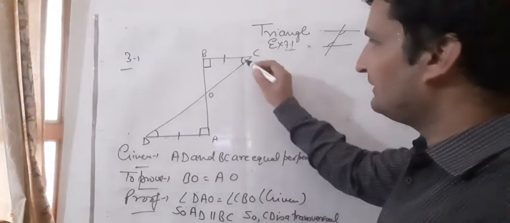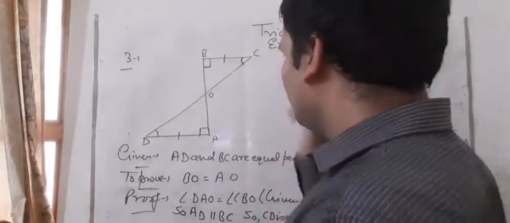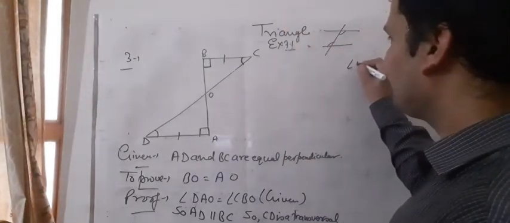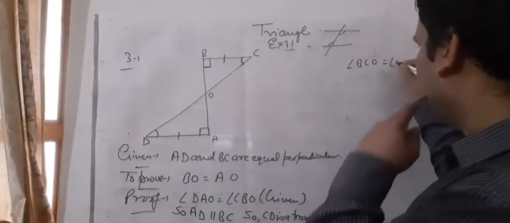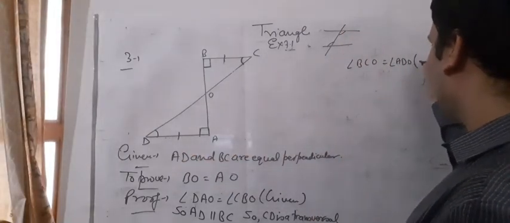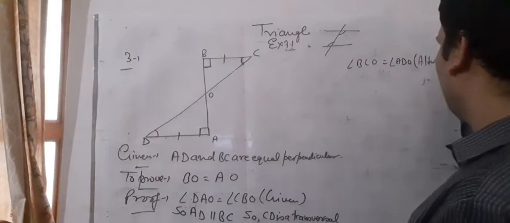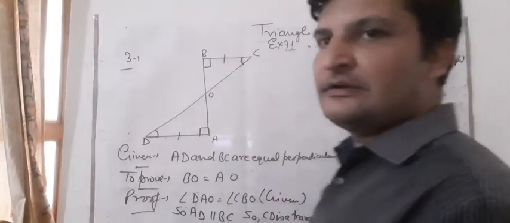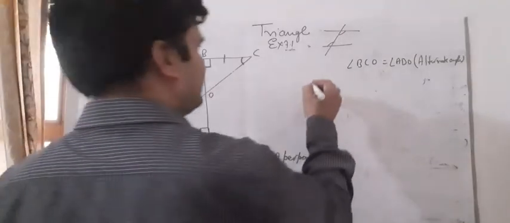Similarly here this angle is equal to this angle, so we can say that angle BCO is equal to angle ADO, alternate angles.